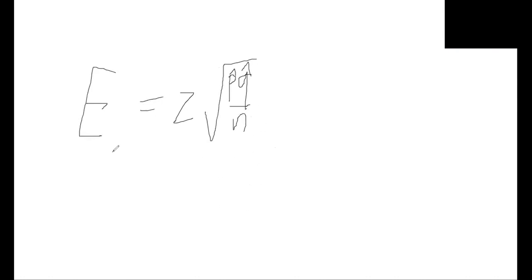And our best way of doing that is to start by squaring everything, just to get rid of that root. So we get e squared equals z squared times, and now the root is gone, so we've just got p hat q hat over n.